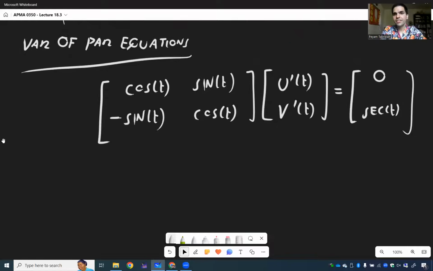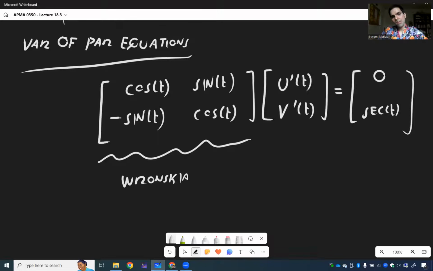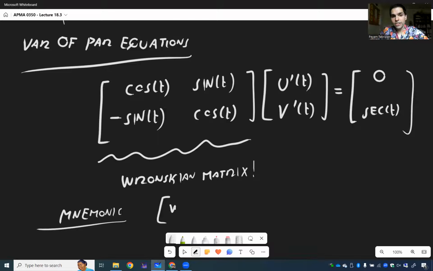And notice this left-hand side is precisely the Wronskian matrix, the Wronskian matrix of our homogeneous solutions, cosine and sine. So really, the mnemonic, if you want, what is the form of this equation?